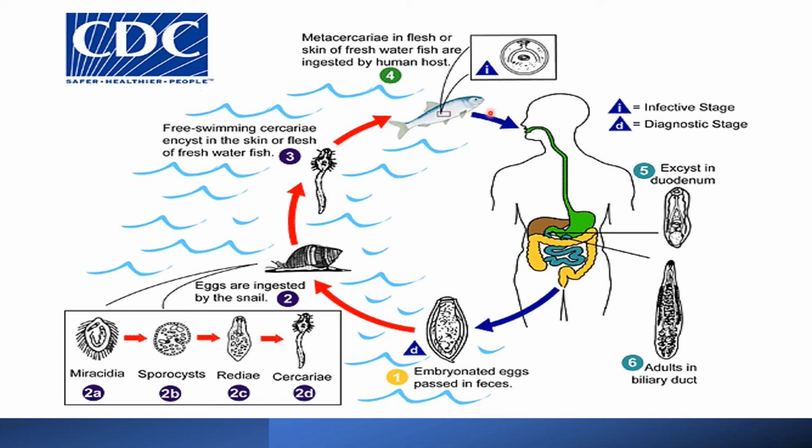Humans become infected by ingesting the metacercariae present in uncooked fish. The metacercariae will excyst in the duodenum, enter the common bile duct, and travel to the distal bile capillaries where the worms mature. So the liver is the organ affected.